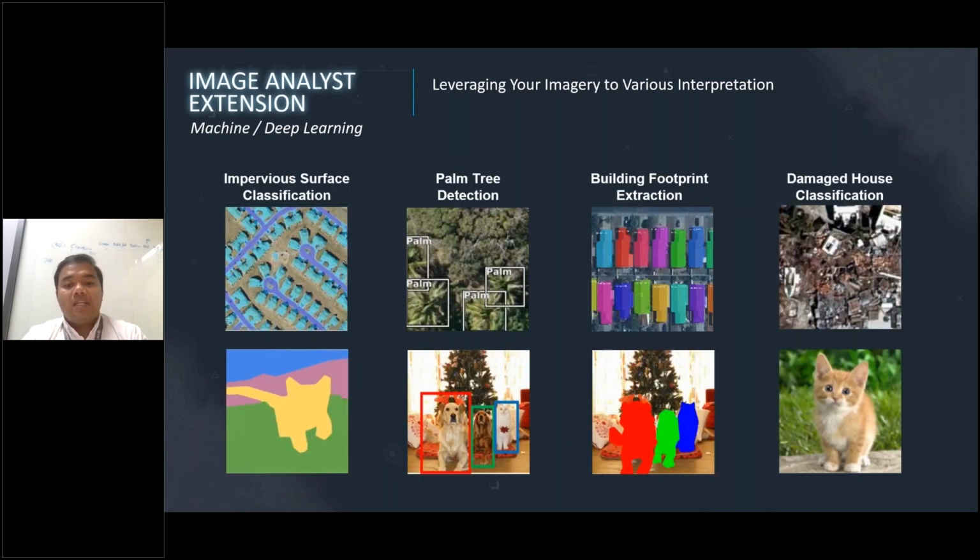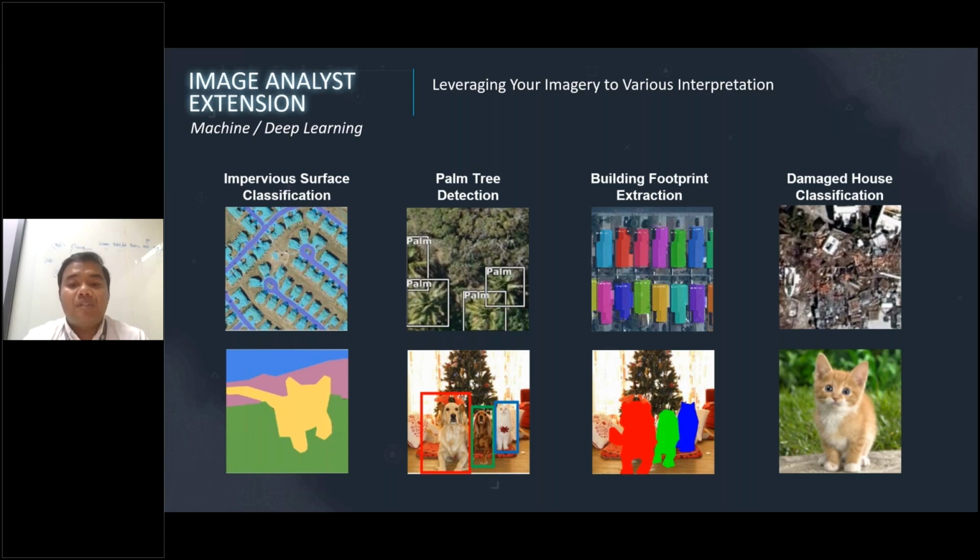So, deep learning offers you more than the standard machine learning classification technique. Esri has developed tools and workflows to utilize the latest innovation in deep learning to answer some of the challenging questions in GIS and also remote sensing applications.